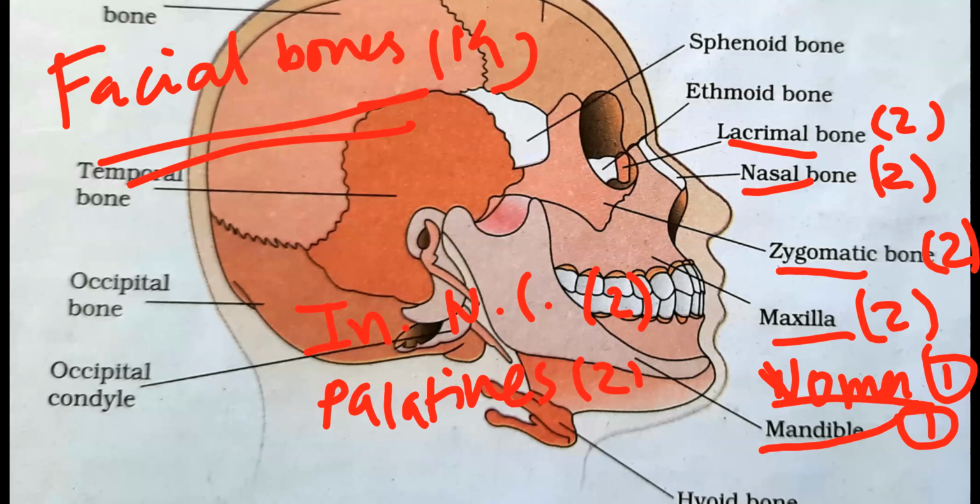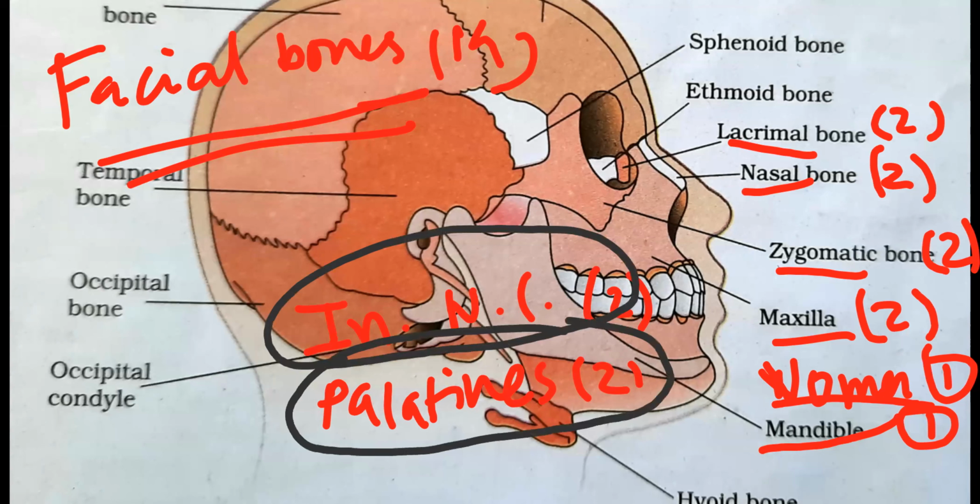Inferior nasal conchae. Out of this list, if you look at the things carefully, some of them are not visible easily in this setup. This includes inferior nasal conchae, this includes the palatines, and this includes the vomer.